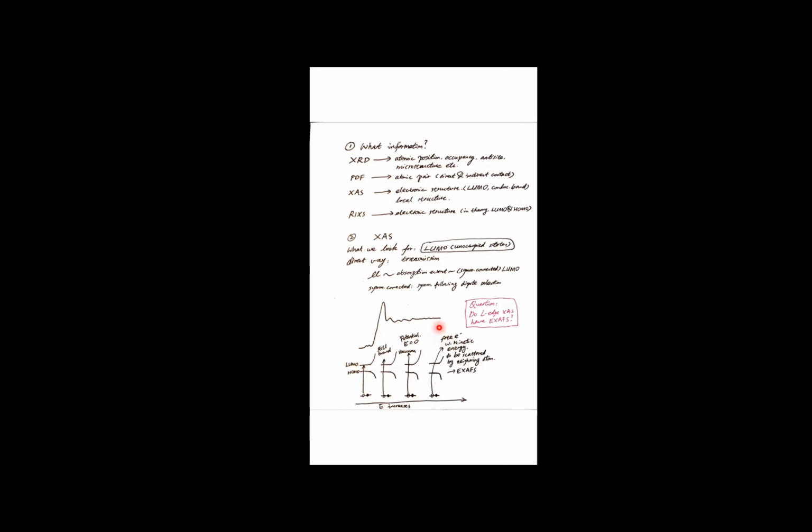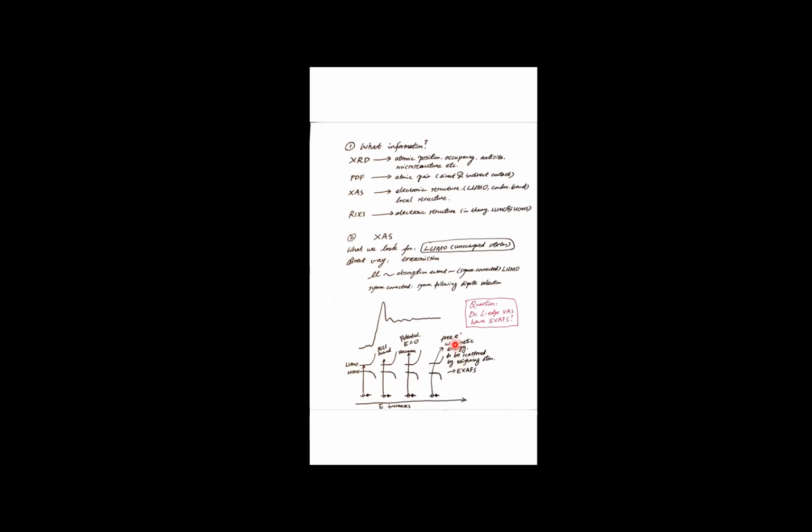And as it gains kinetic energy, this electron is propagating out, and because it has kinetic energy it is interacting with the neighboring atoms. Now we need to think about the electron as waves, right? This is the tricky part about thinking of them as small particles. Sometimes it's easy to think about them as particles, but now we need to think of them as waves, because electrons are still waves.